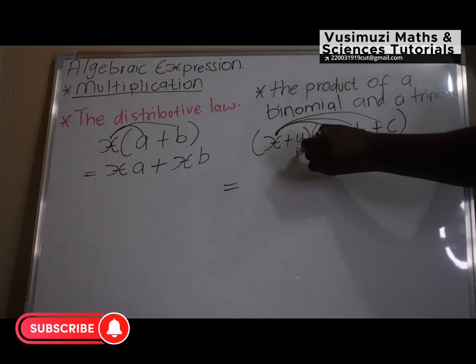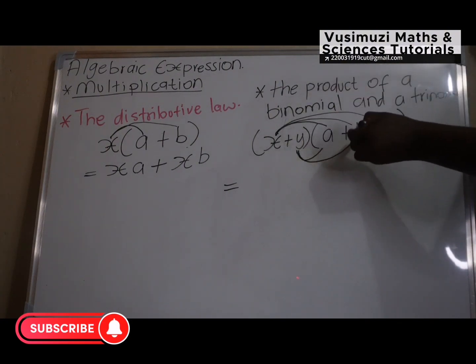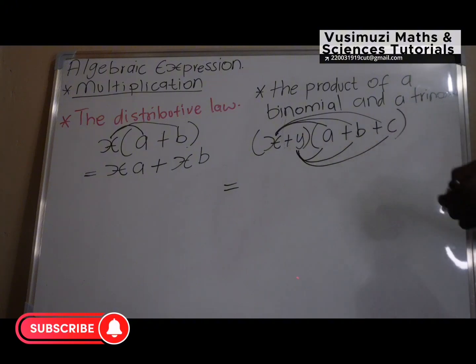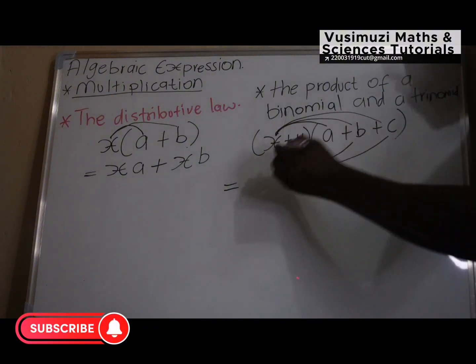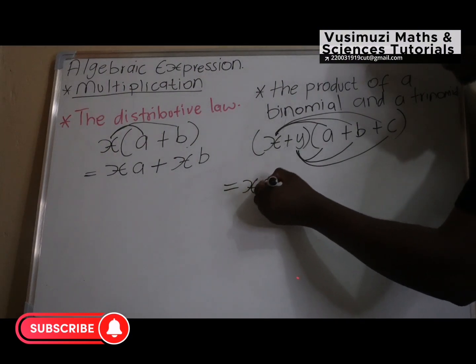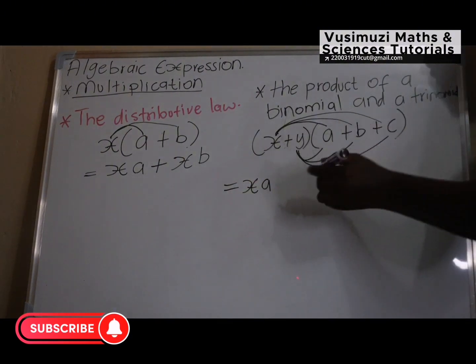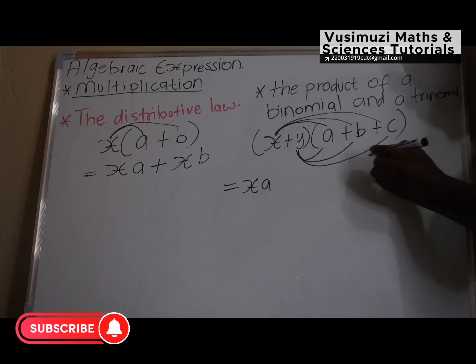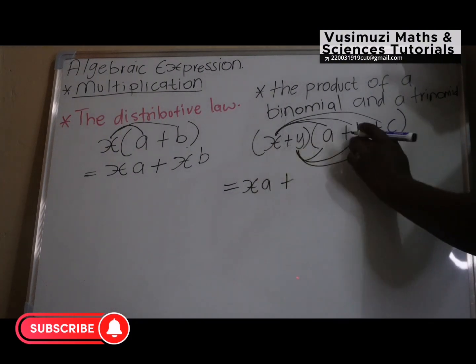Again, y is going to multiply a, y is going to multiply b, y is going to multiply c. Then you are done, literally. Guys, hurry. x times a, xa. x times b, here we bring down this positive, plus x times b, xb.